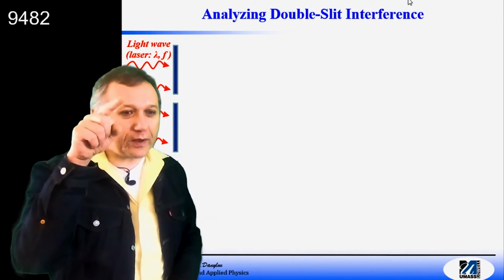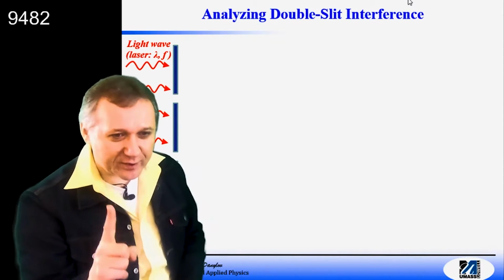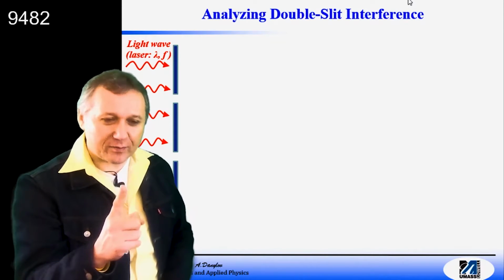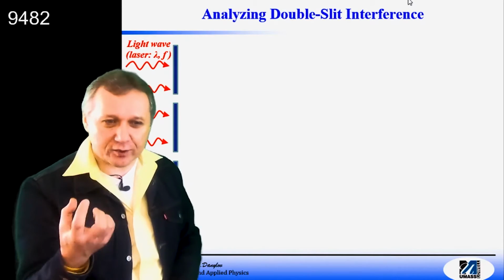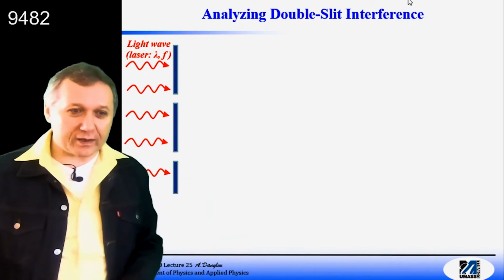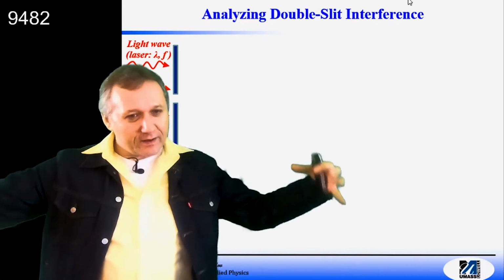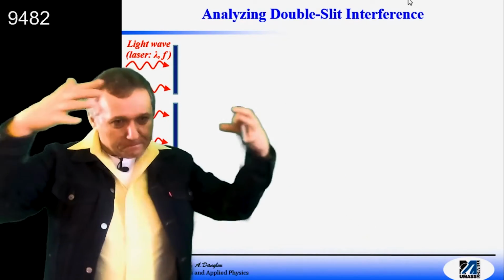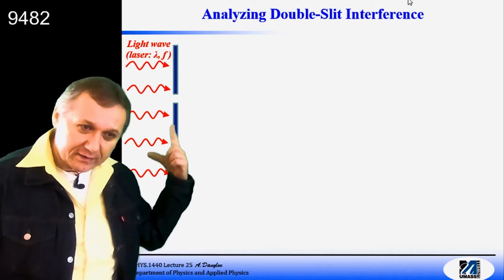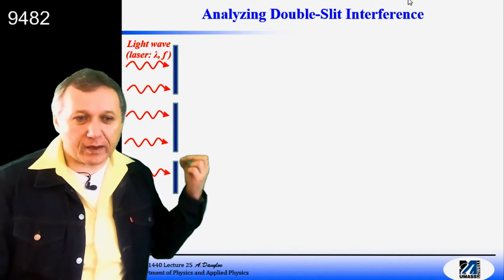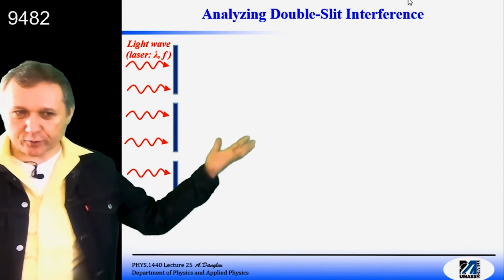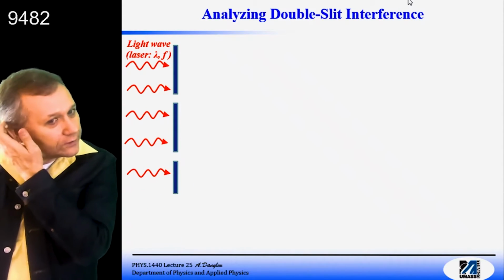We tacitly assume that our wave has a single frequency, that we have a monochromatic source. Because usual light, like white light, of course has a wide range of frequencies. It's a broadband source. But in this experiment, we have to use a monochromatic source. So a laser must be used. Otherwise, we wouldn't be able to see any of these interference fringes.